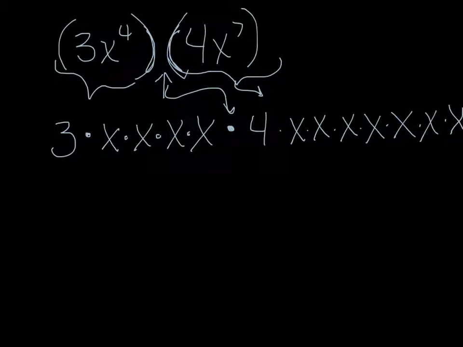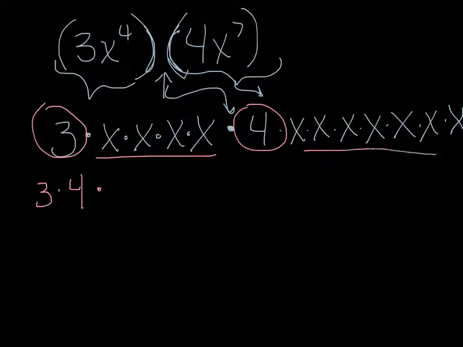And who remembers the rule of multiplication? Can I do 3 times 2, but I could also do 2 times 3? I'm going to get the same answer, right? Yes, hopefully you all said yes. So, why is that important to know? Because I can take my 3 and I can take my 4 and I can put them right next to each other, 3 times 4. And then I can line up all the x's next to each other, right? And then what's the rule when the bases are the same? We add the exponents.